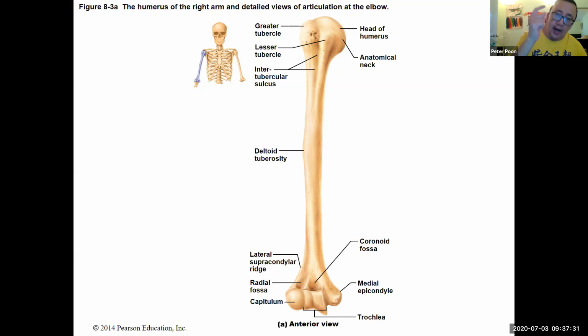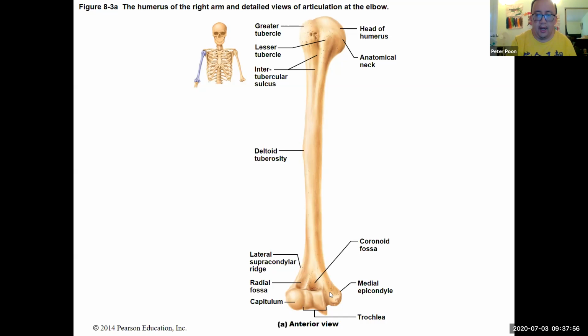On the other end, the distal end, is where you see a lot of stuff, and that's where your elbow is. This is the anterior view, and you can see a couple of things.